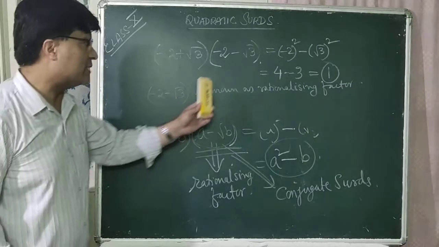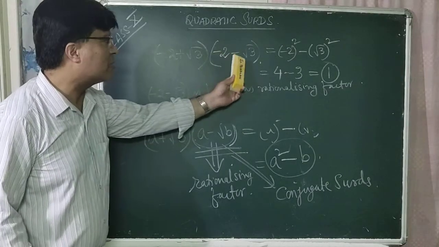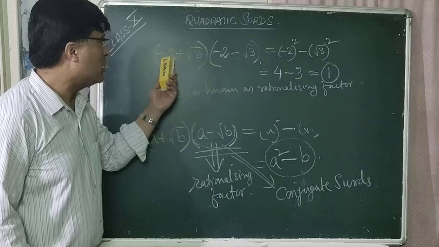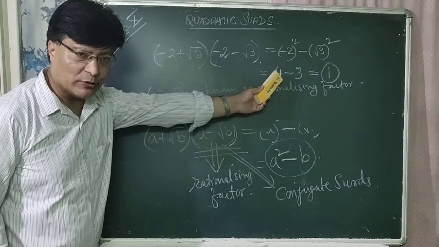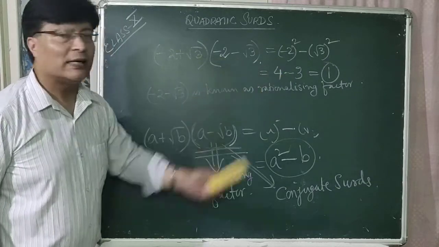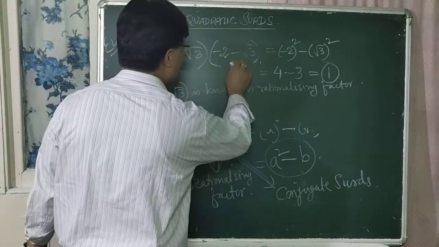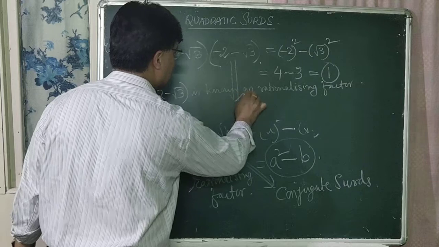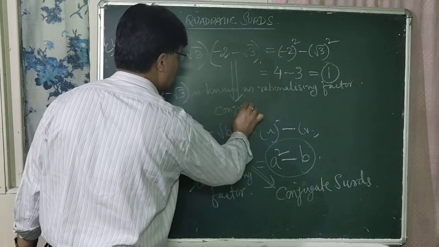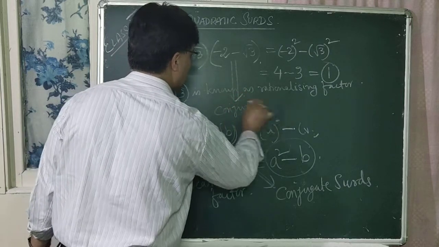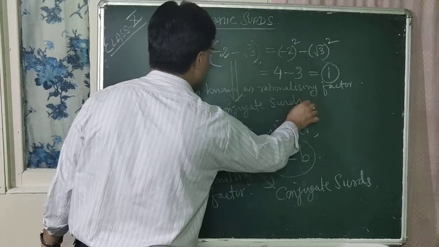Because of minus 2 minus root 3, the square root is removed from this given surd, so we call it the rationalizing factor. And what is it also known as? Conjugate surd.